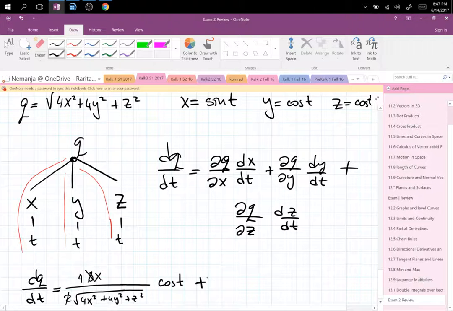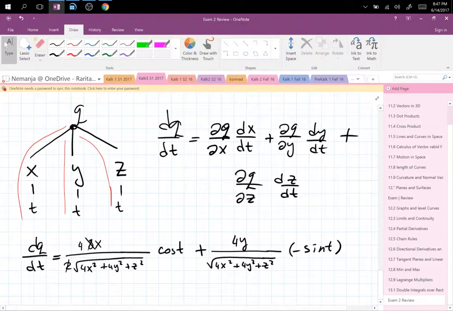Plus, this second one is symmetric, it's just 4y divided by the square root of 4x squared plus 4y squared plus z squared, and then times negative sine t, and then plus dq dz.